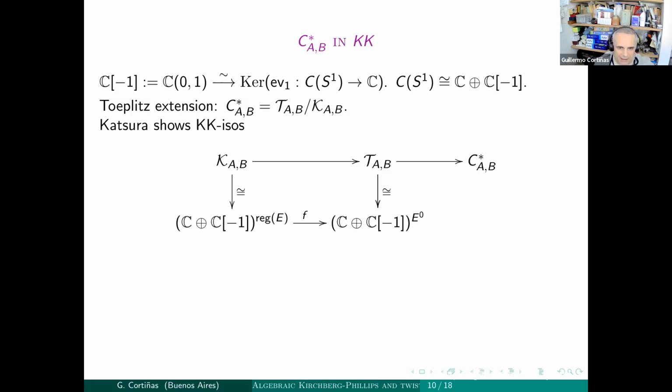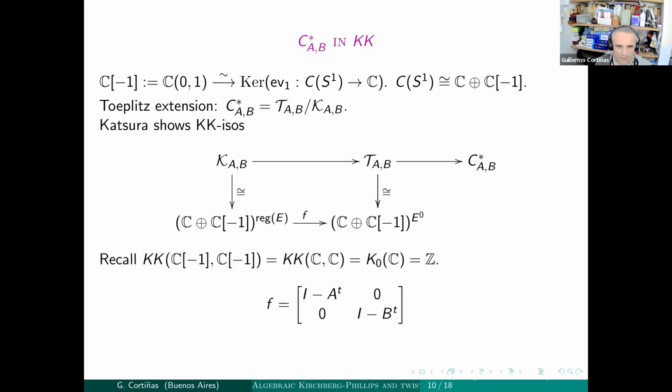And there is a map F in KK between these two, which corresponds to the inclusion of K into T. And recall that KK of C_{-1}, C_{-1}, because suspension is a category equivalence, is the same as KK of C, C, which is the K_0 of C, which is the integers. And so it makes sense to say that F is this matrix.